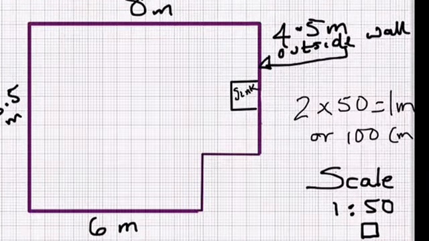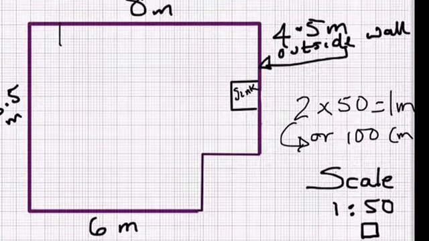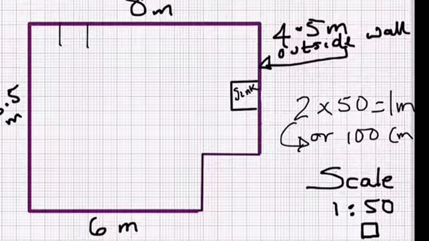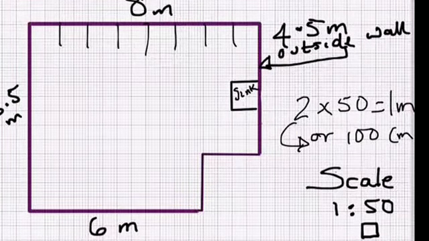Yeah? That's where the 2 times 50 comes from. I'll rub that out in a minute, but I want you to see that whilst I work through. So here, 2, 3, 4, 5, 6, 7, and that final one, 8. Okay?